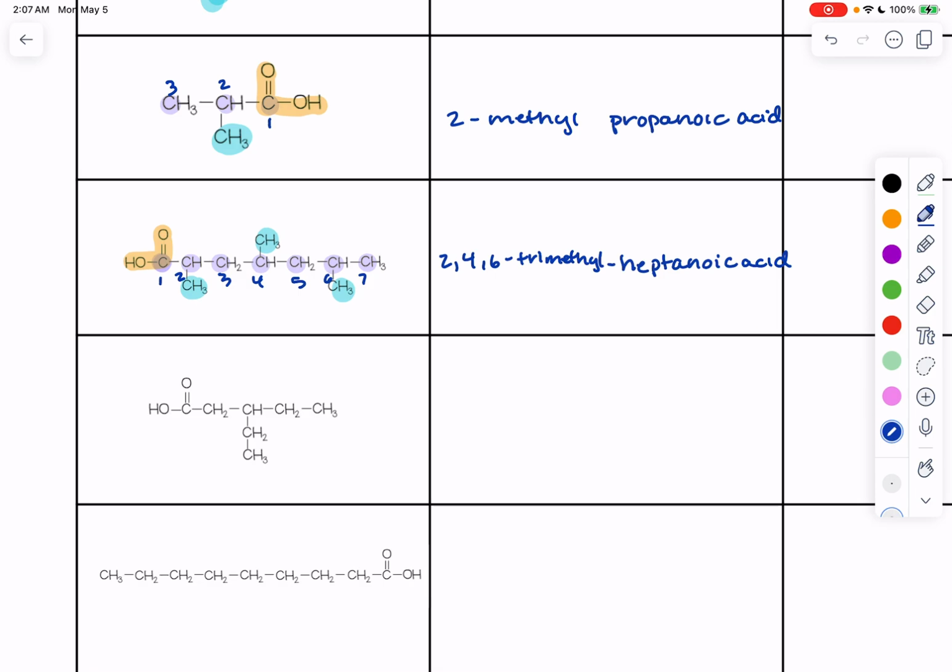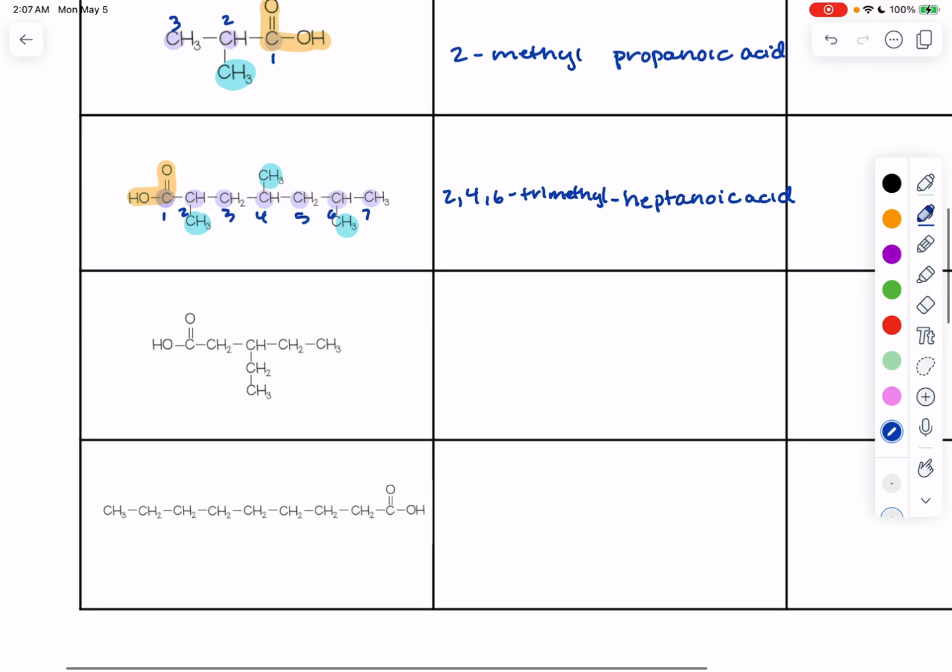Okay. Let's look at this next one because it has some stuff on it also, just to practice counting. All right. So on the end we have our carboxylic acid, and we know that that one is always 1. So 1, 2, 3, 4, 5, no matter which way I go.